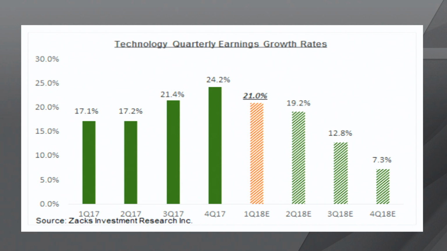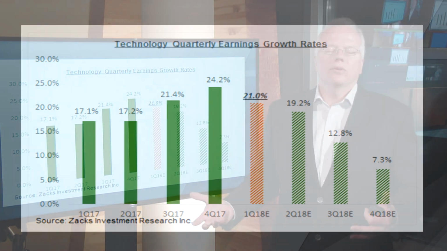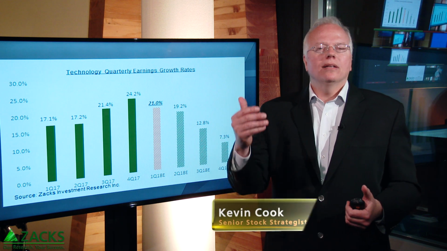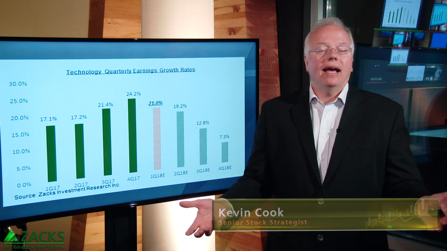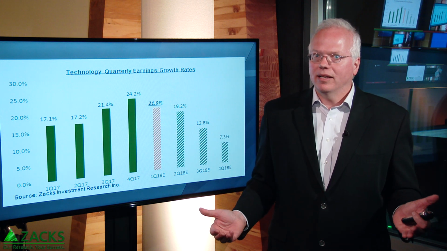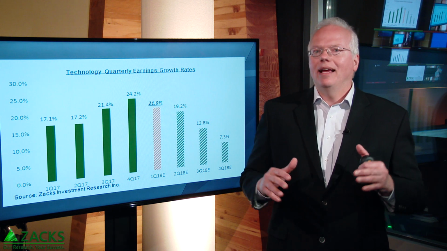So even though we're growing, expected 21%, sequentially it's down. Then Q2, 19%. Q3, of course they're sequentially down because it's so hard to beat those comparables. We're clobbering great numbers from a year ago. So that makes tech investors wonder, hey, is this as good as it gets? And we should be selling into any rallies.